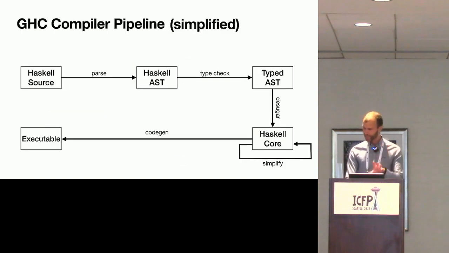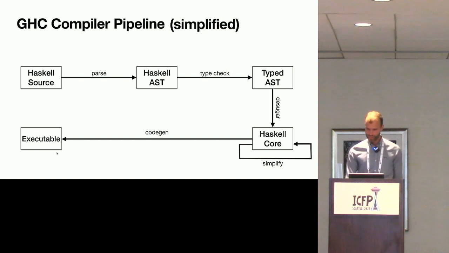And to explain how this works, I'll show you a much simplified overview of the compiler pipeline of GHC. We start out over here with the Haskell source that gets parsed into an AST. Then we type check that into a type-annotated AST, desugar this into Haskell Core, and then GHC will do some passes over that to simplify and optimize, and from that it will generate the executable code.